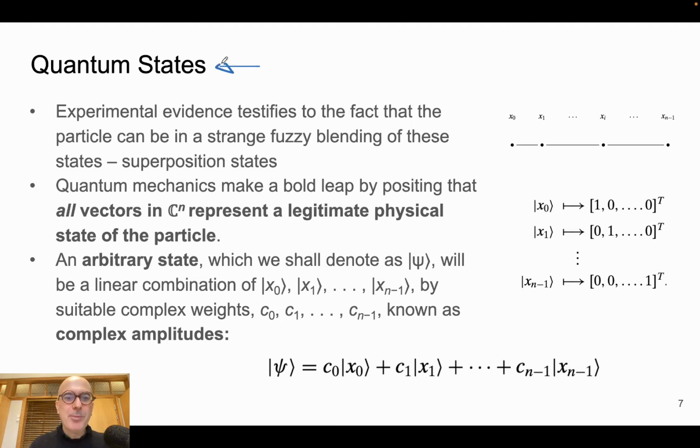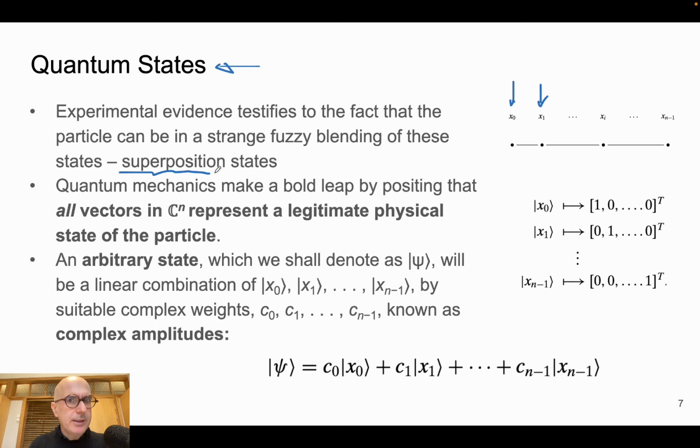So let's look more into detail at the quantum state. There is experimental evidence that the particle can be in a strange fuzzy blending of different states. That means that before actually measuring, there are undetermined states where the particle can be in different states. This is called superposition states, because there's a kind of mix and blending of different states.